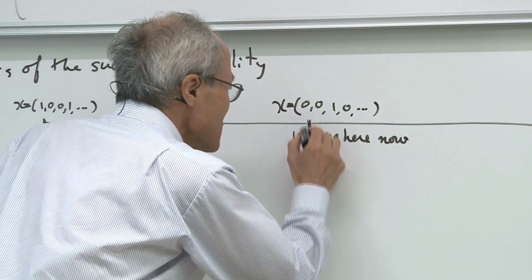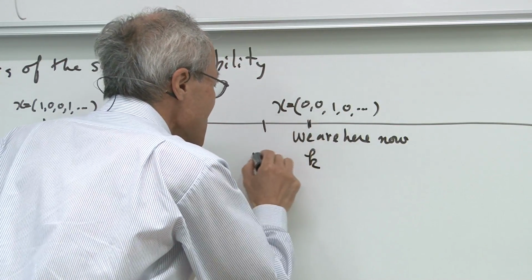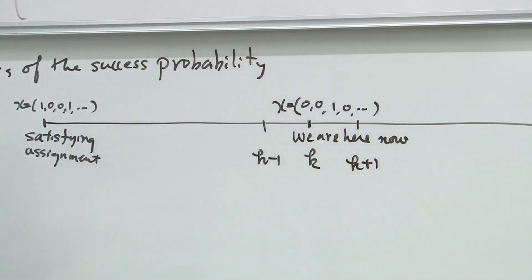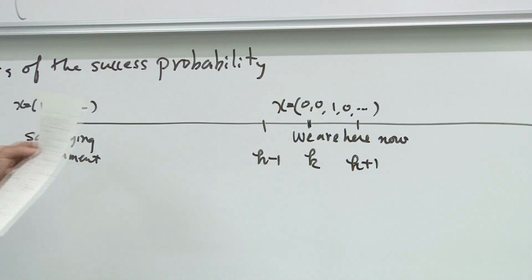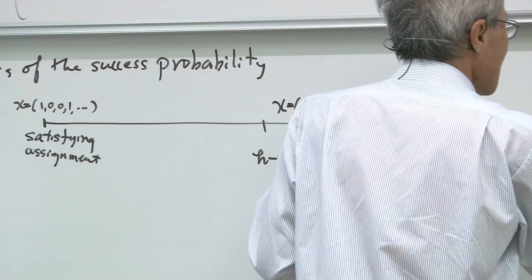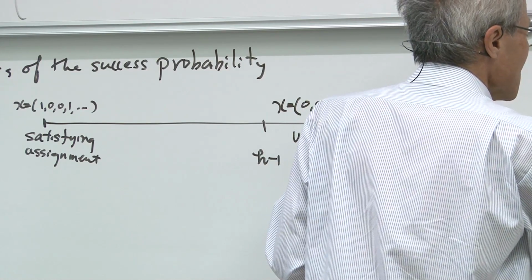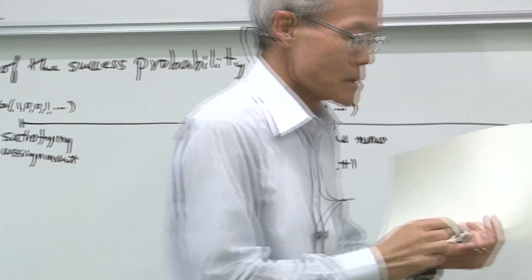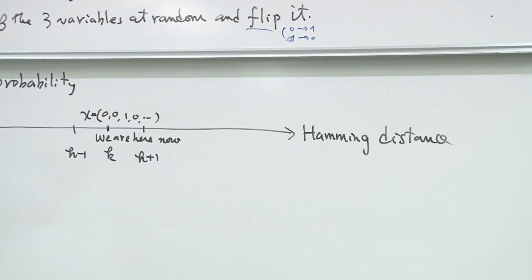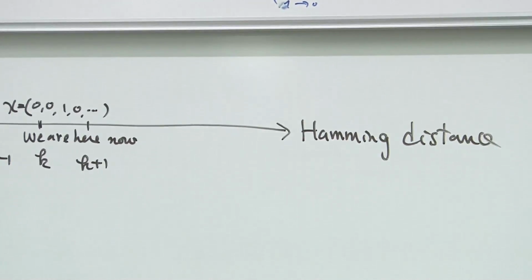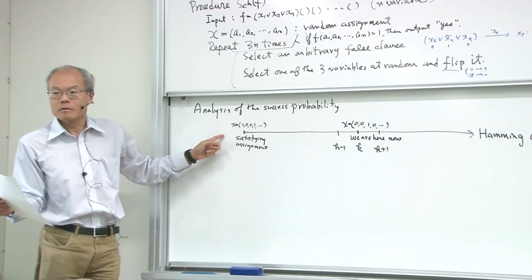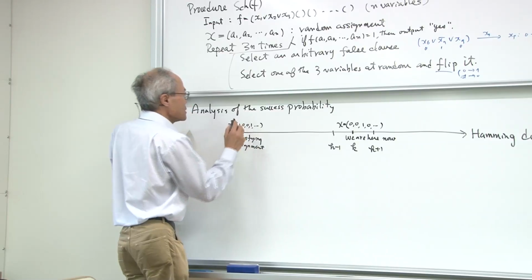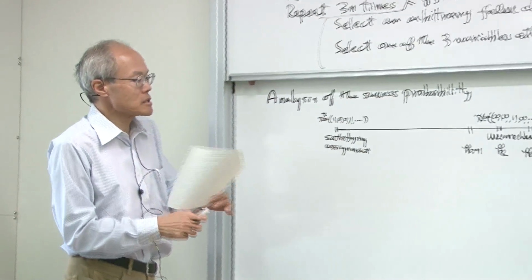And this is k. And this is k minus 1. And this is k plus 1. What is this value? This is the Hamming distance, meaning the number of bits that are different from your final goal. This is your final goal, maybe x star, and this is your current position.